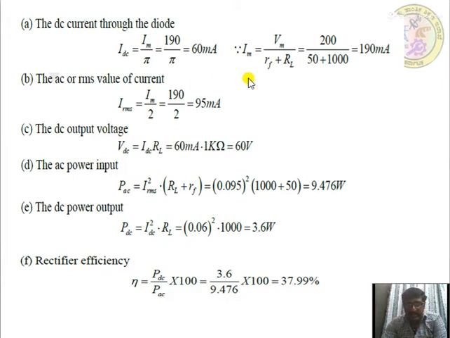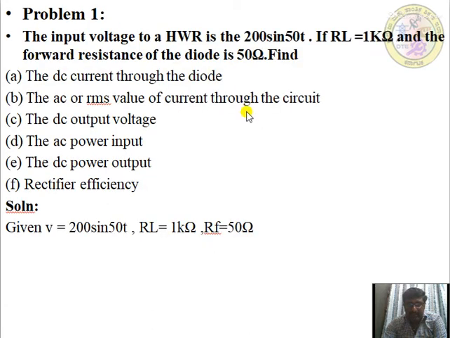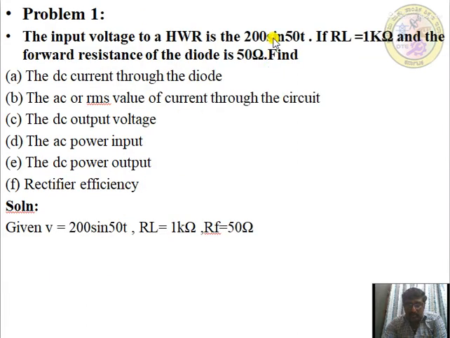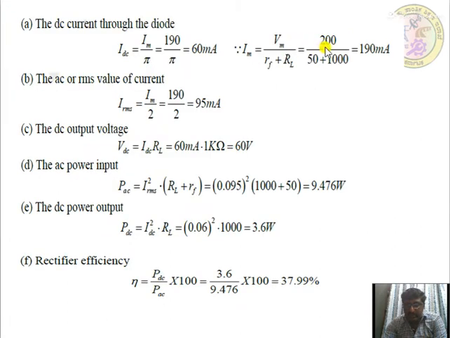Okay, the first, A, is the DC current through the diode. The formula is IDC equal to IM by pi, but here IM is not given, so we should calculate the IM value. IM is calculated using Vm divided by RF plus RL. 200 sin 50t is Vm sin omega t, so Vm is equal to 200.